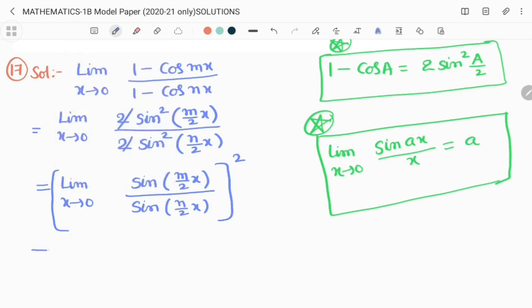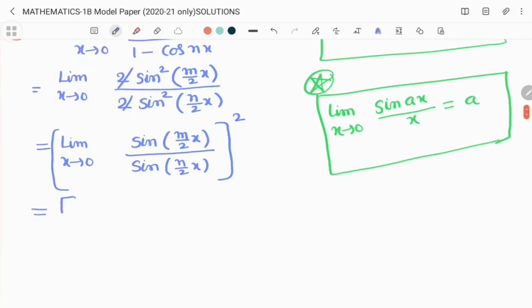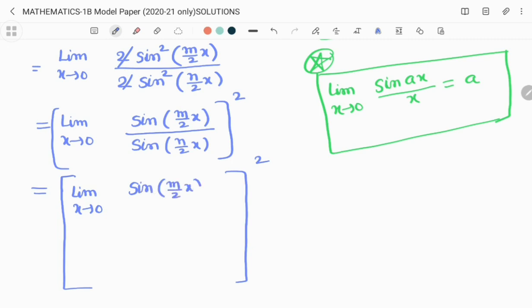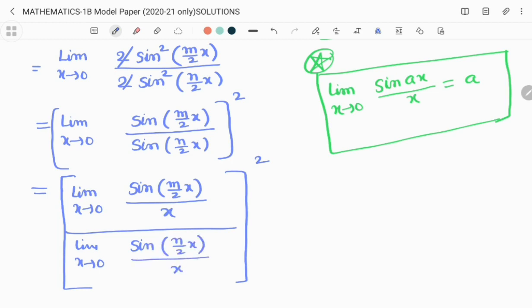See here, can I write like this? Limit applied for the numerator and denominator: limit x tends to 0 sin of m by 2 x whole divided by x, divided by limit x tends to 0 sin of n by 2 x divided by x. That means indirectly we are dividing numerator and denominator by x to get the formula form.